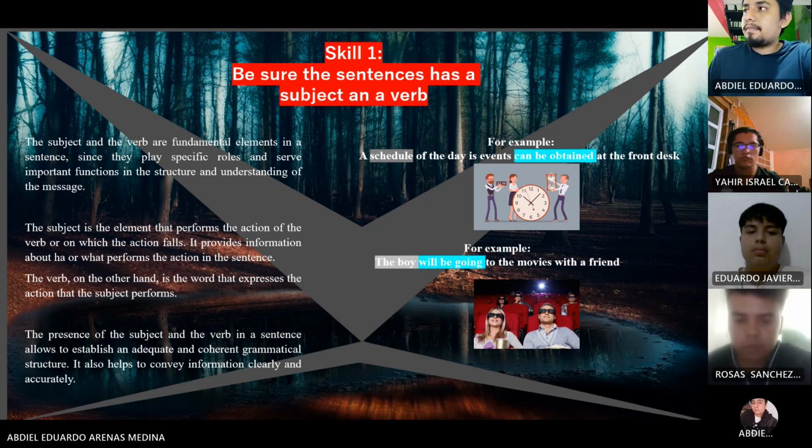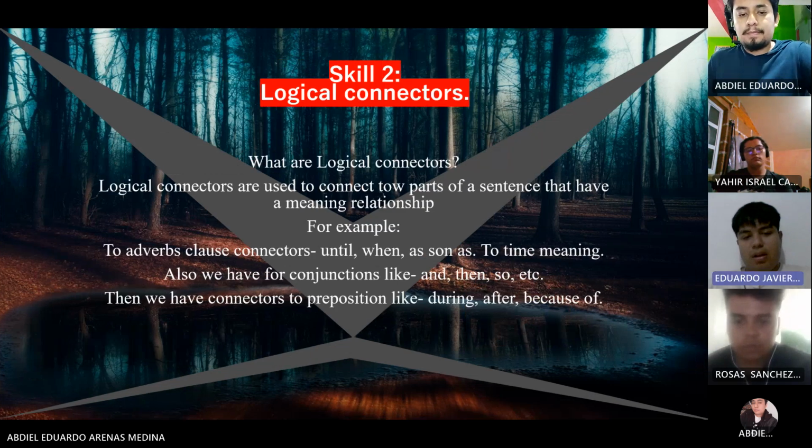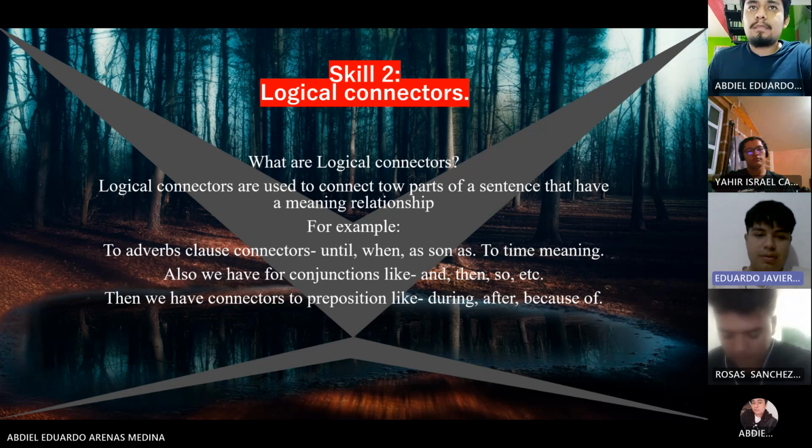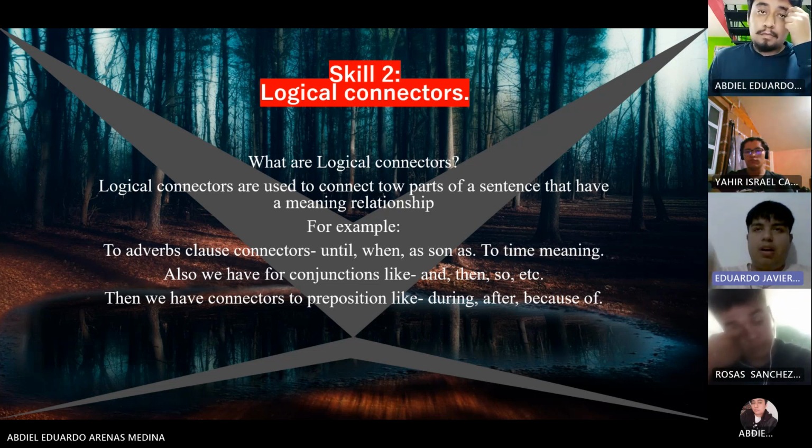The second skill is called logical connectors. What are logical connectors? Logical connectors are used to connect two parts of a sentence that have a meaning of relationship.